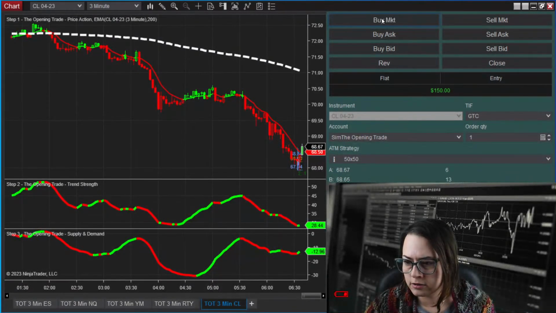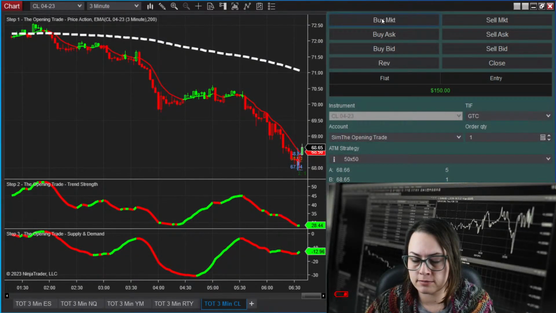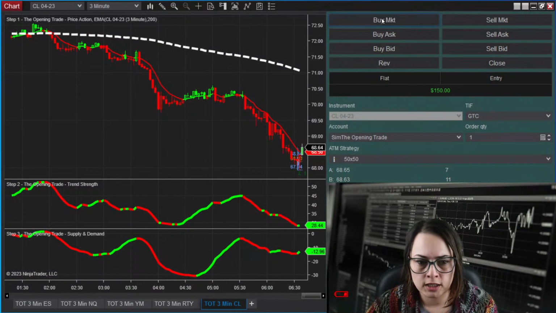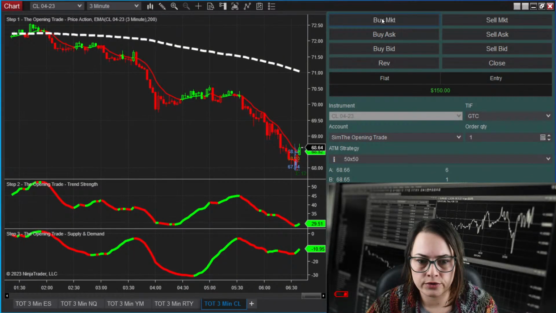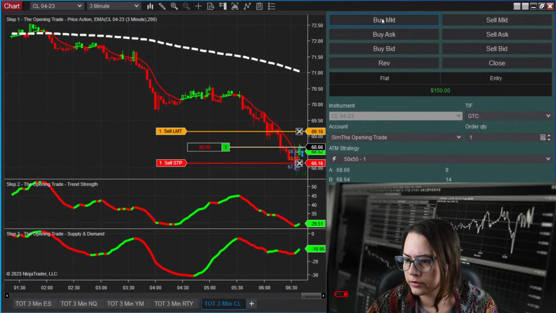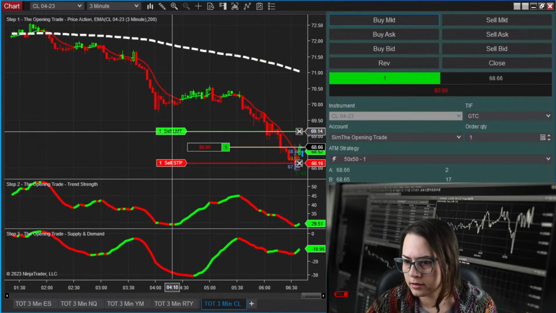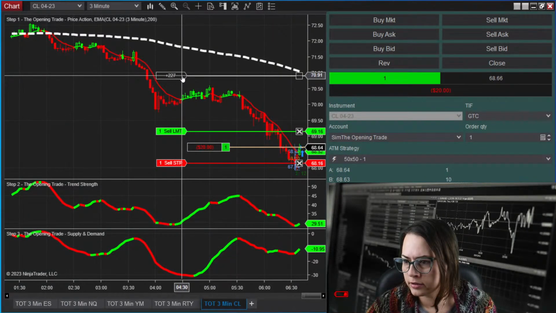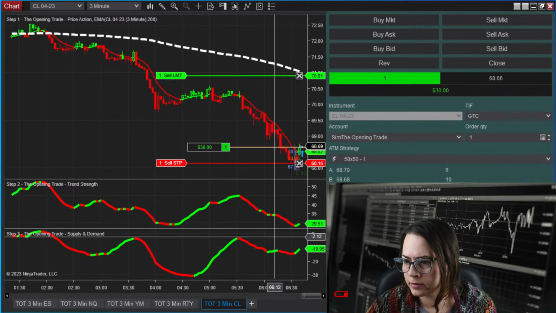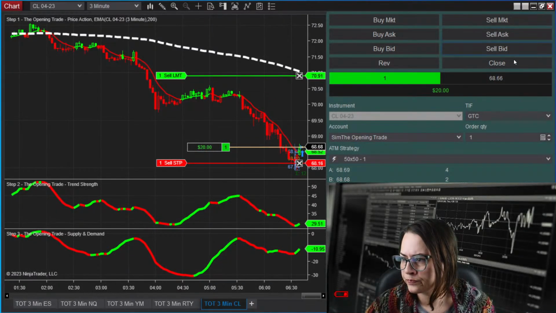Once the candle closes and my candle is green, my step 2 is green, my step 3 is green, right there. Order filled. I'm gonna hit this guy, take a manual trade, and move him up, and we're gonna watch.